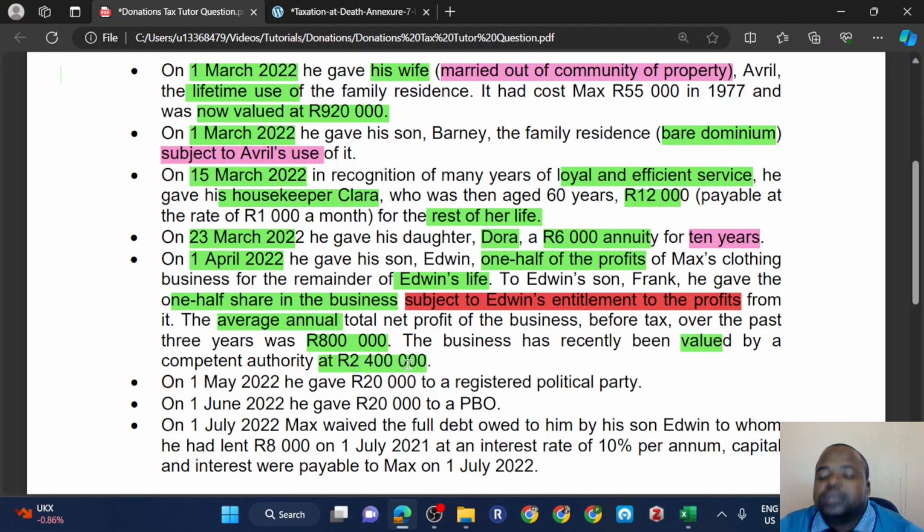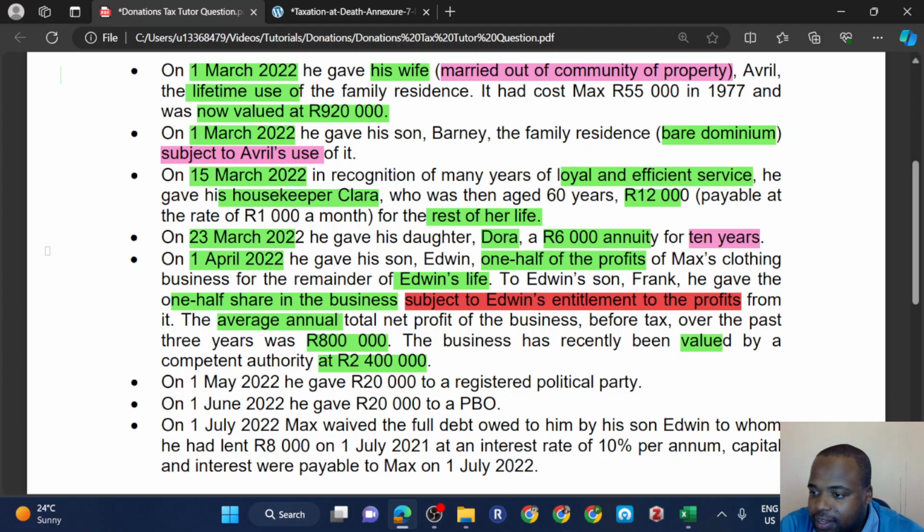Now, to really explain what is happening in this scenario, on 1 April 2022, Max donated half of the business, but he split his donation. He donated half ownership of the business to his grandson Frank, or Edwin's son, right?